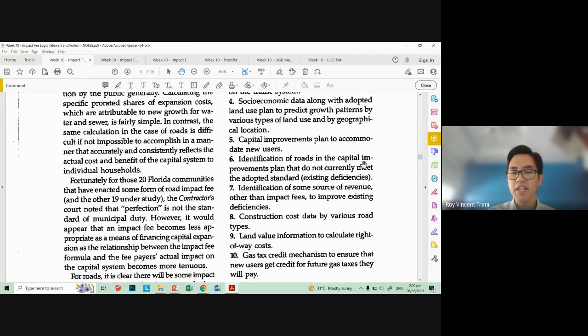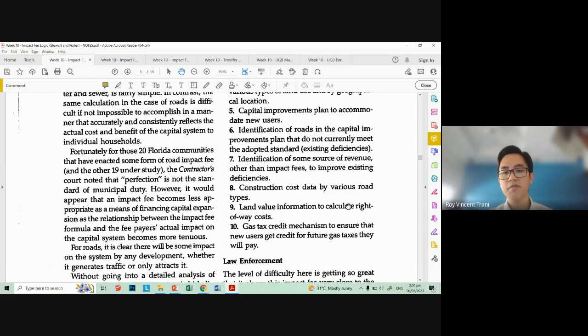Another one is identification of some source of revenue other than impact fees to improve existing deficiencies, because a road project is usually so large that the impact fees might not be enough to fund the new road. Then construction cost data, land value information, and finally a gas tax credit mechanism to ensure that new users get credit for future gas taxes that they will pay.